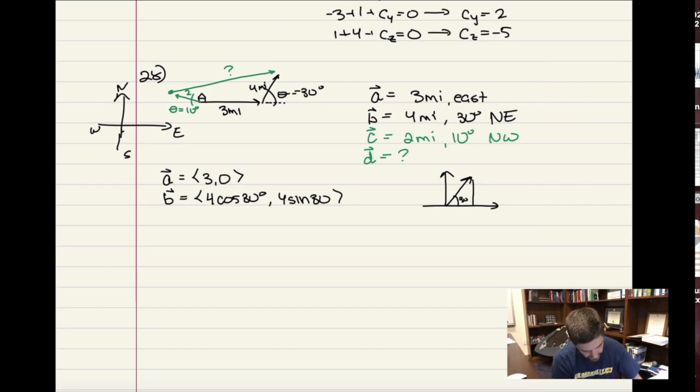And again, you have your good old right triangle here, where you know the hypotenuse is length B, which it tells you is 4 miles. Given that and the angle, you can find the individual components. So sine of 30 is a half. So then I have 3.46 miles and then 2 miles.